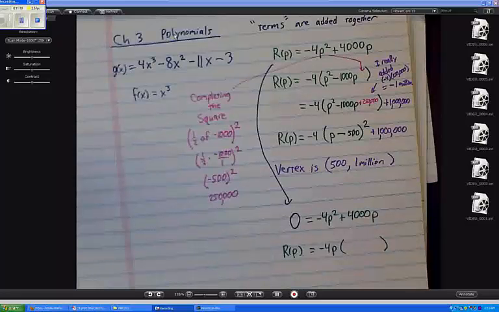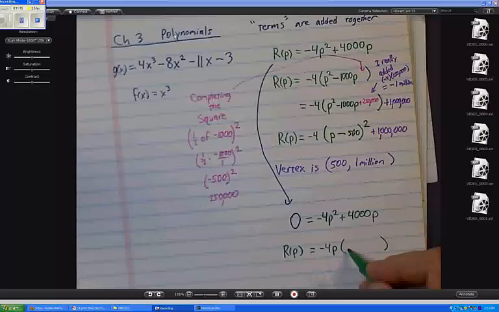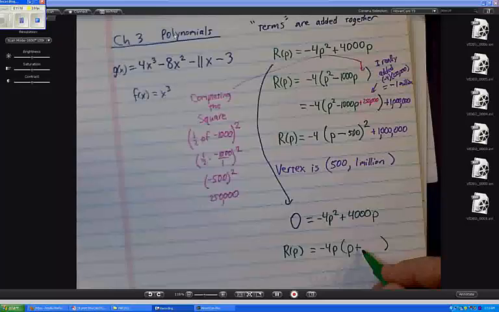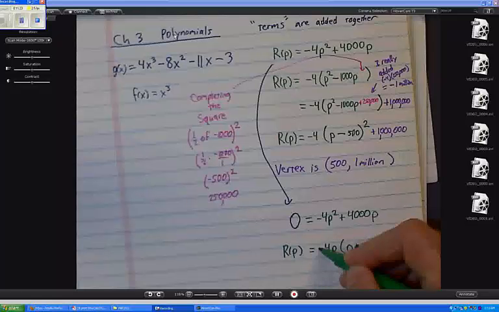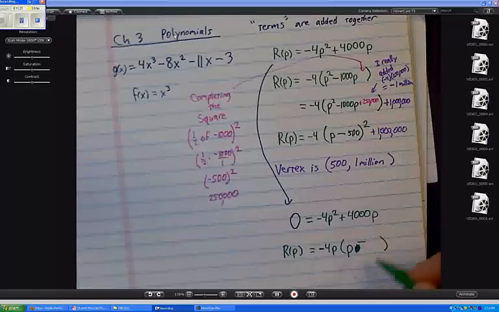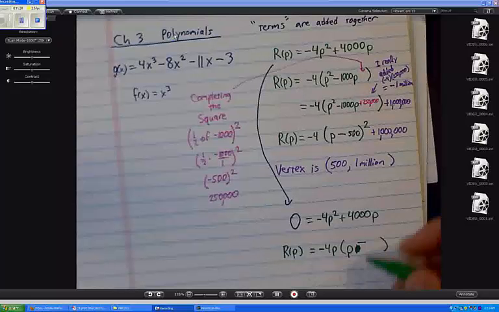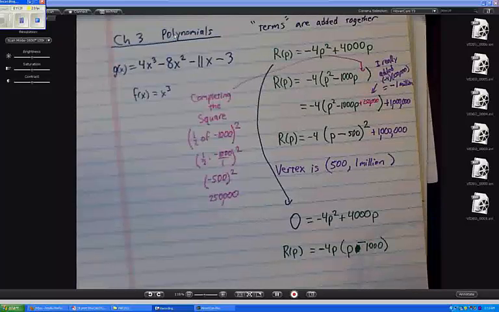I'll show you in a minute. First of all, let's finish. Negative 4p times what? Actually, it'd have to be minus, wouldn't it? P, because I'm taking out the negative. There's the negative. So it'd be p minus what? 1,000. Negative 4p times p minus 1,000.